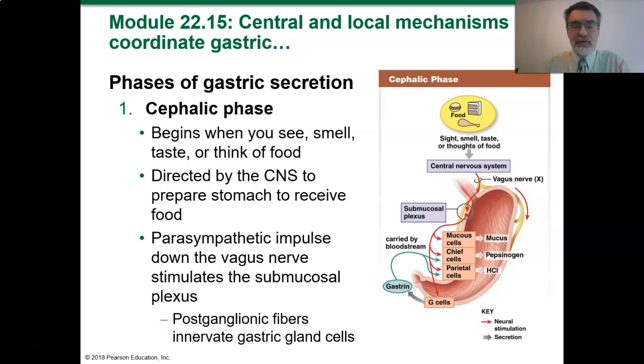So we'll start producing some gastric juices and get the stomach ready for food digestion when we finally eat the food.